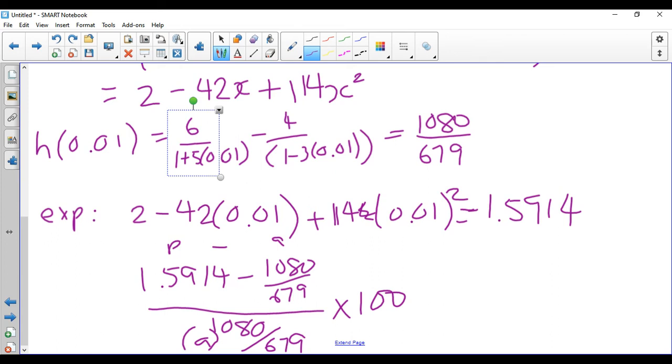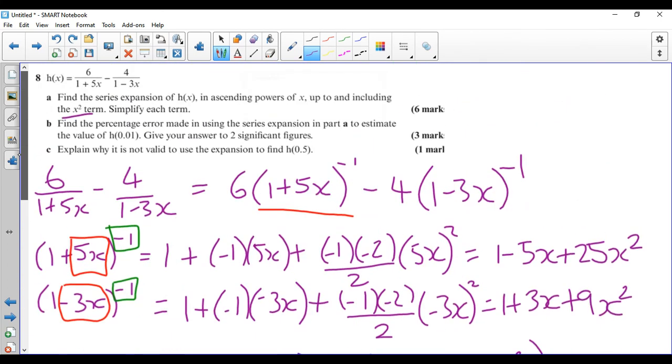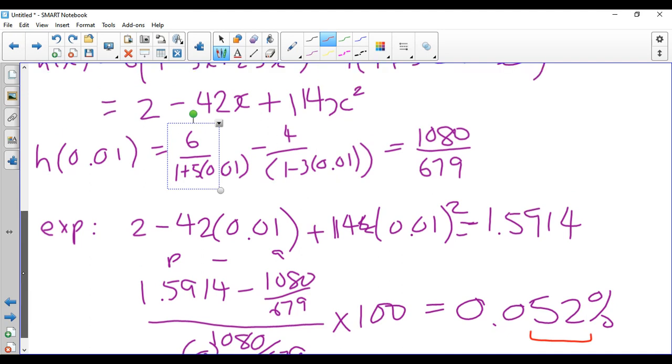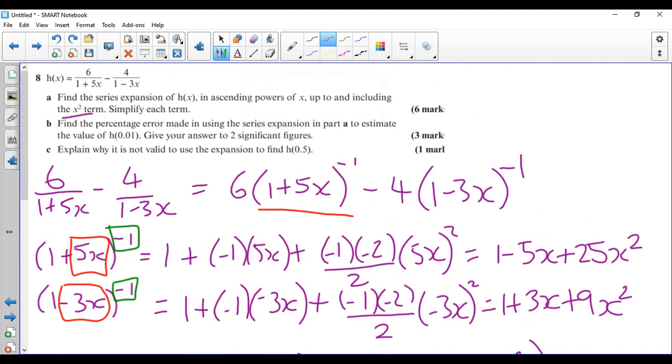If I put that in my calculator, I get 0.052%. Quick check on the accuracy: it did want two significant figures, so remember that's those two. Any leading zeros are just placeholders. So I've got my percentage error.